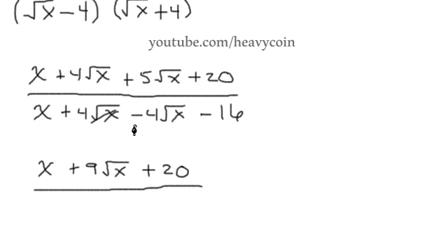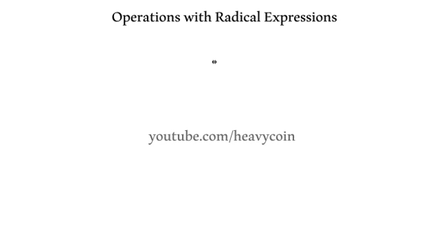And of course, those guys are going to cancel out. That's the whole idea. The reason if I have a minus here, I'm going to put a plus here. And so we're left with x minus 16, so we got the radical out of the denominator.